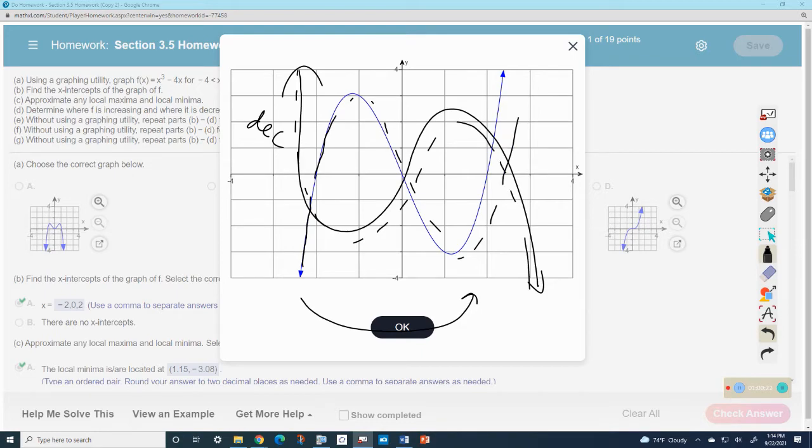So my intervals of increase are now my intervals of decrease, and vice versa. So let's see if we can answer that question.